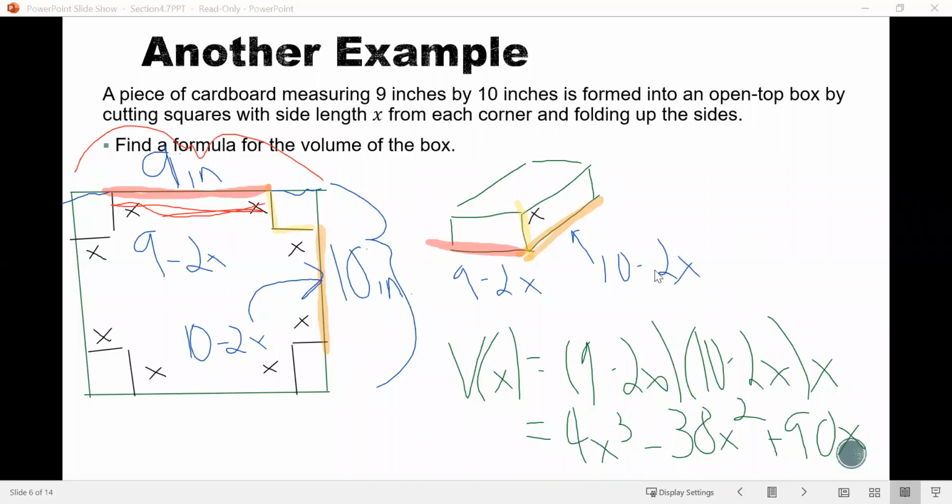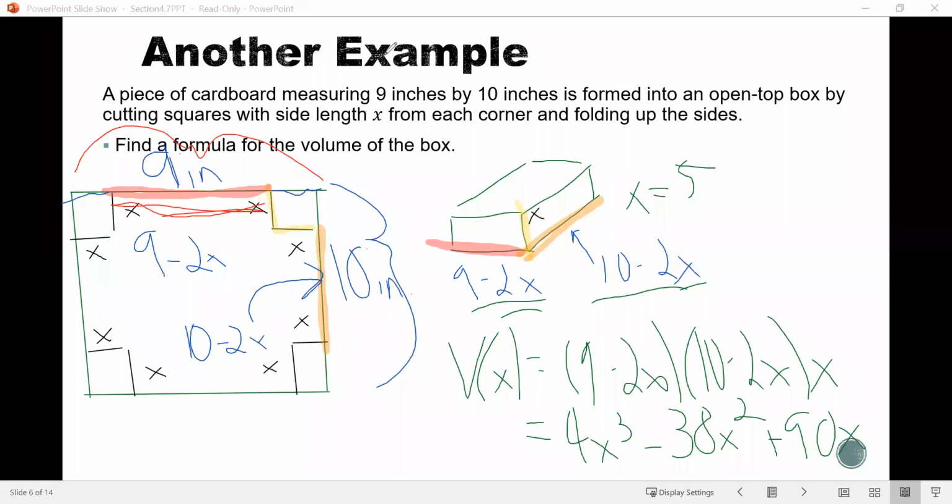All right, the next thing then is to find a range of possibilities for x. Let's see if we have any restrictions on what x can be. I'm going to do this by inspection, but you could do it by doing some calculations. Notice that we have this 10 minus 2x, and the smallest that could ever be is 0, which would happen when x equals 5.